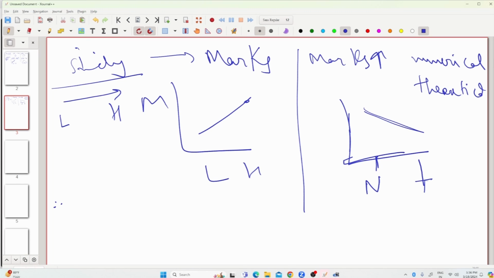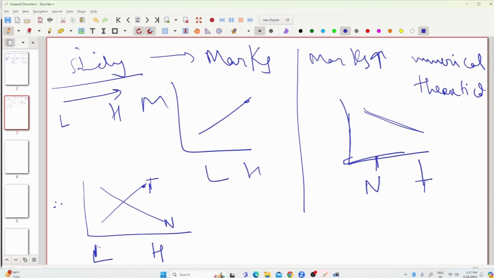Now, it might happen when you combine these, we get two lines. What does it mean? We get low marks, high marks, and this is for theoretical and this is for numerical.